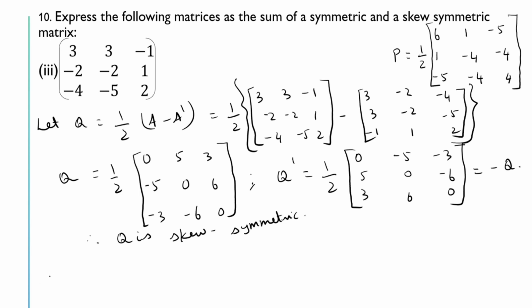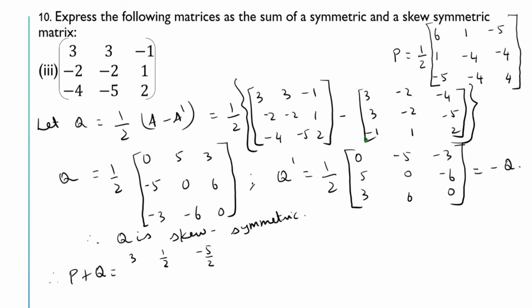Therefore, we can write P plus Q is equal to, now we can bring this half inside and multiply this by half and write it. Therefore, P plus Q is equal to 3, 1 by 2, minus 5 by 2.